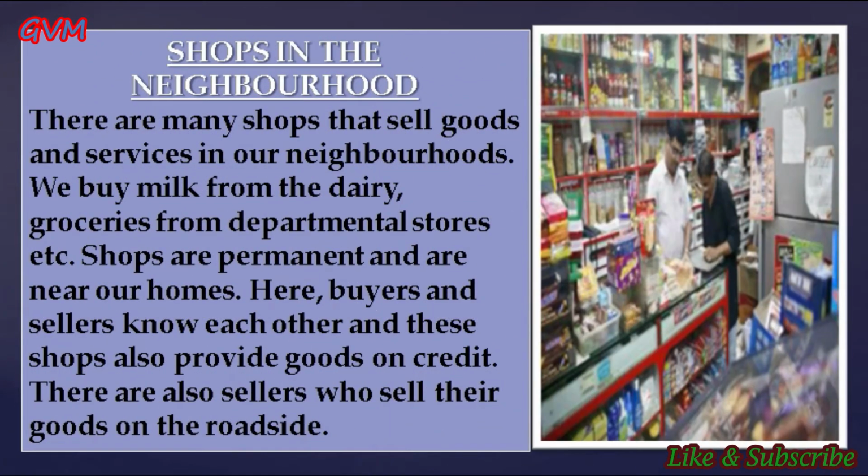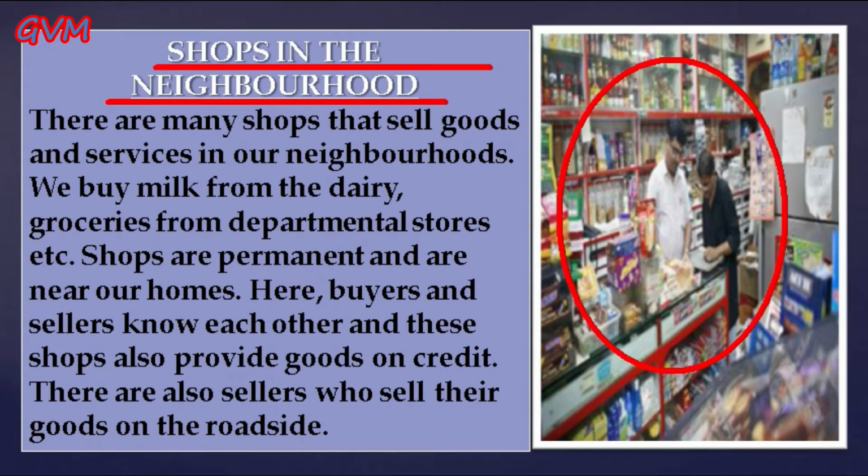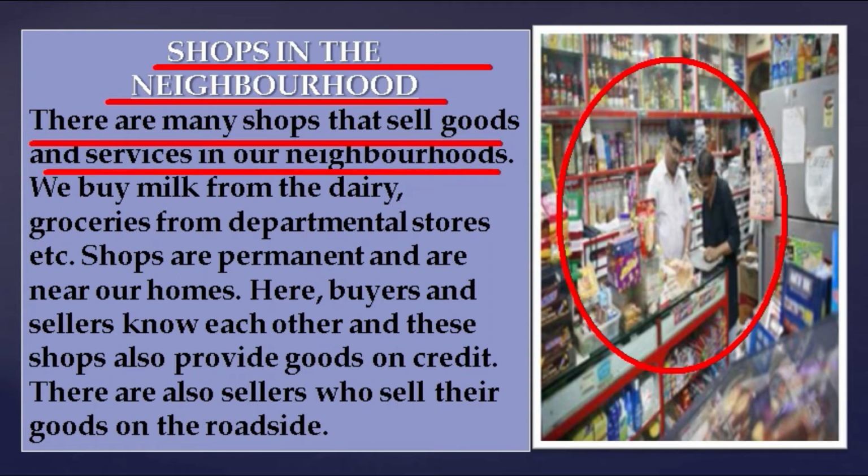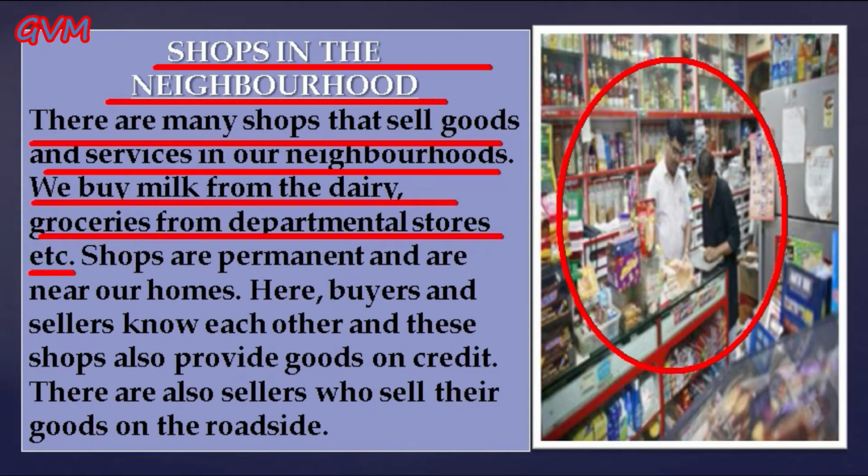Now students, let's learn about the neighborhood markets. Well students, as you all know, there are different kinds of shops that sell their goods and services in our neighborhoods. For example, we buy milk from the dairy, groceries from the departmental stores, etc. And students, these neighborhood markets or shops are convenient for the public as they are open daily, and various products are available at different shops.